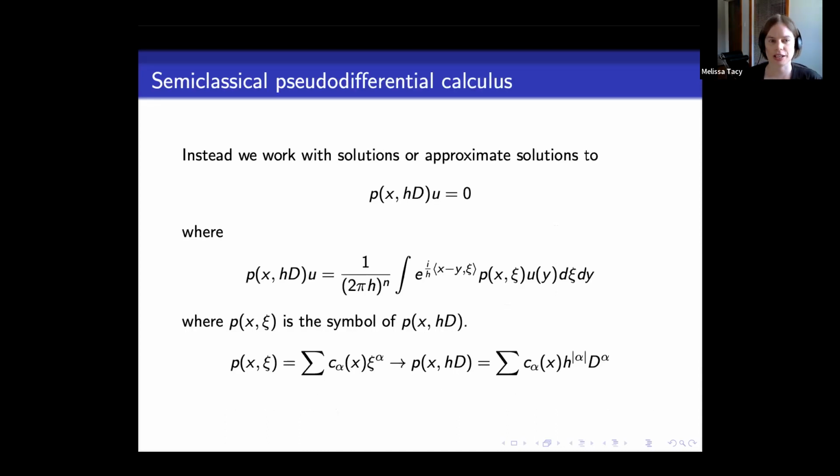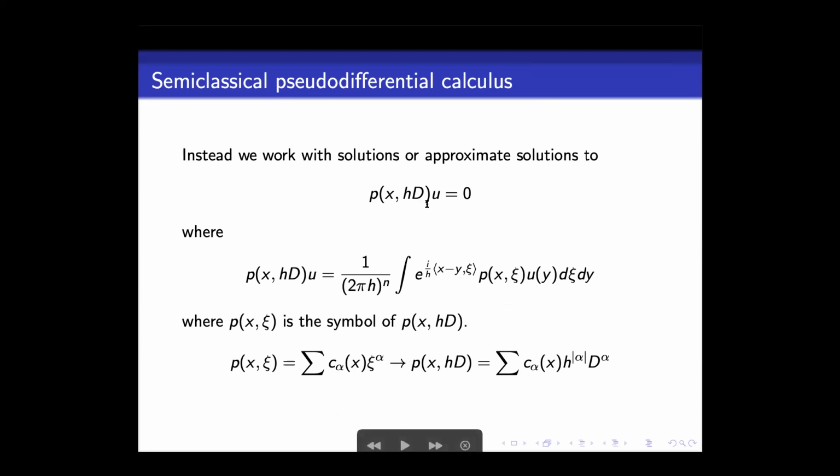So I'm going to put this in the setting of semiclassical pseudo-differential operators, which is a nice framework to see these sorts of problems. So instead of working with a differential operator, I'm going to work with a pseudo-differential operator. I'm still solving the equation P of u is equal to 0, where P is an operator that is given by this oscillatory integral.